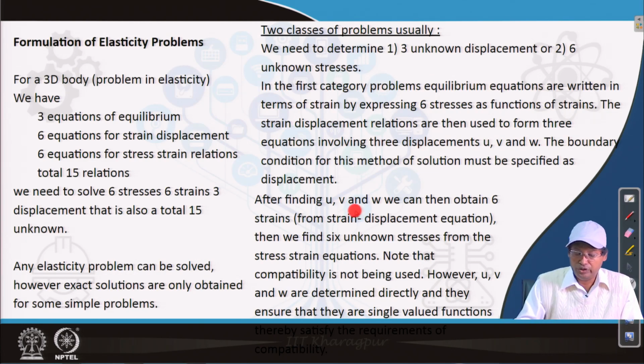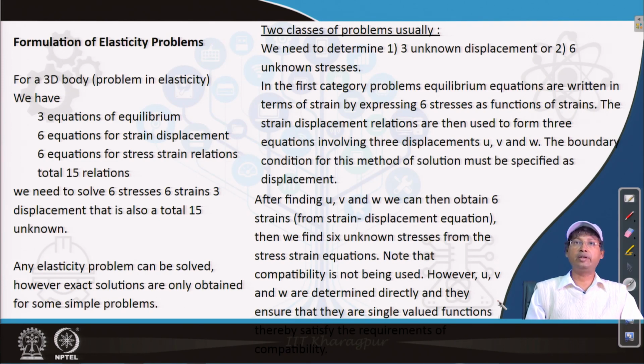In this approach, this is the way we solve. After finding u, v and w, we can then obtain the 6 strains from the strain displacement equations, and we find the 6 unknown stresses from the stress strain equations. Note that compatibility is not being used. However, u, v and w are determined directly and they ensure that they are single valued functions. As I have already said, unless u, v, w are single valued functions, we cannot do this.